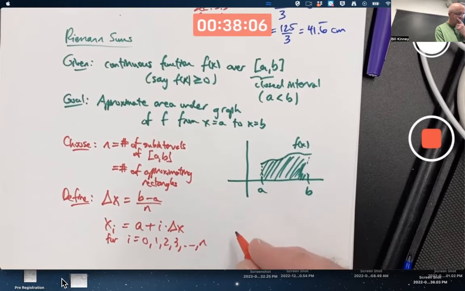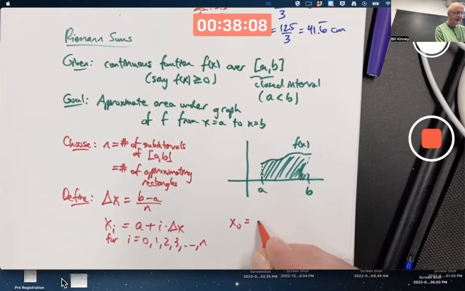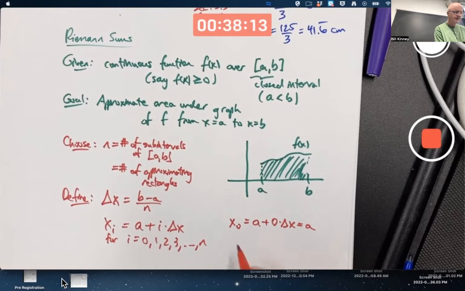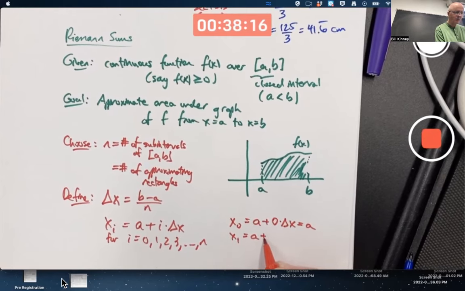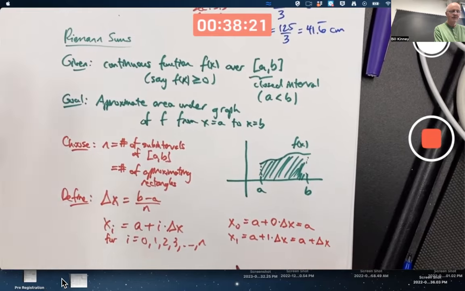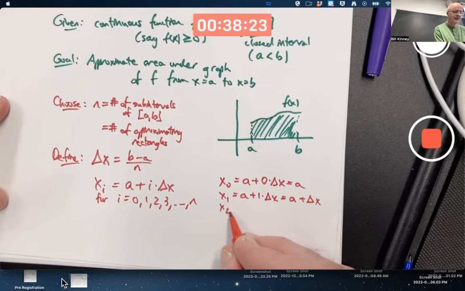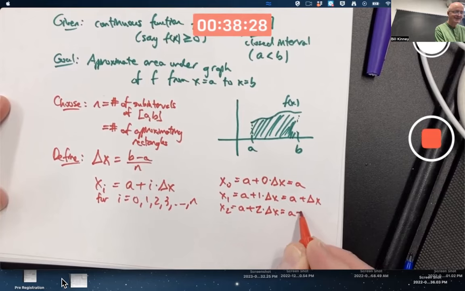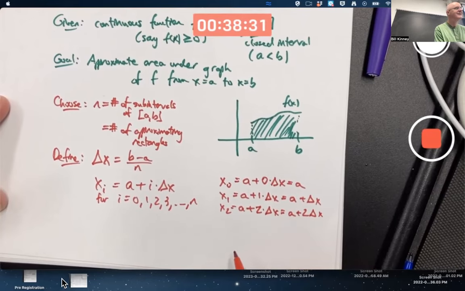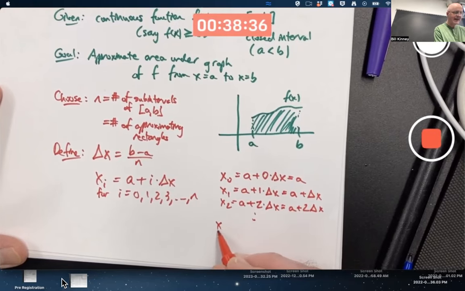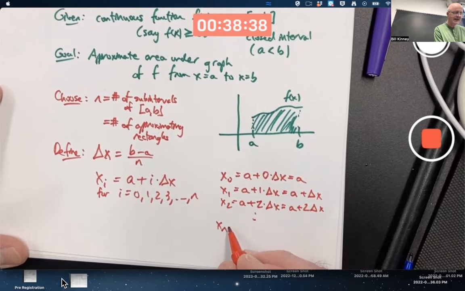What's going on here? x sub 0 is a plus 0 times delta x. That's just a. x sub 1 is a plus 1 times delta x, that's a plus delta x. x sub 2 is a plus 2 times delta x, etc. x sub n, the last value of i, is a plus n times delta x.